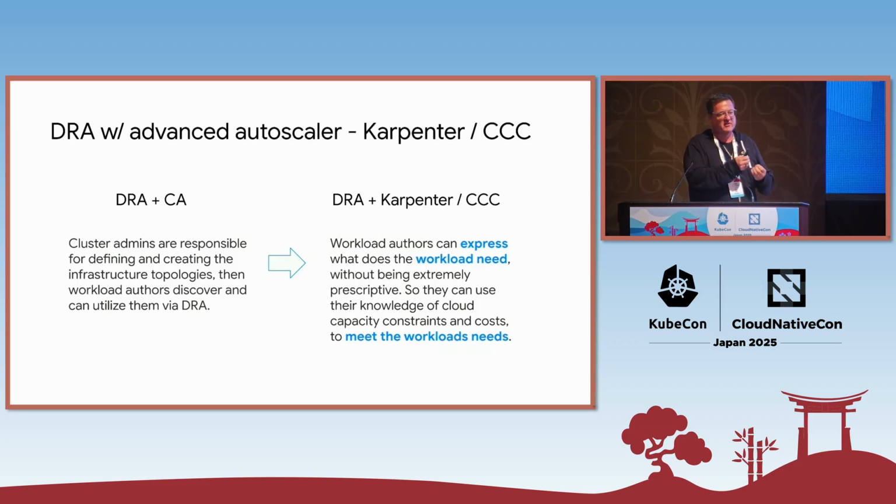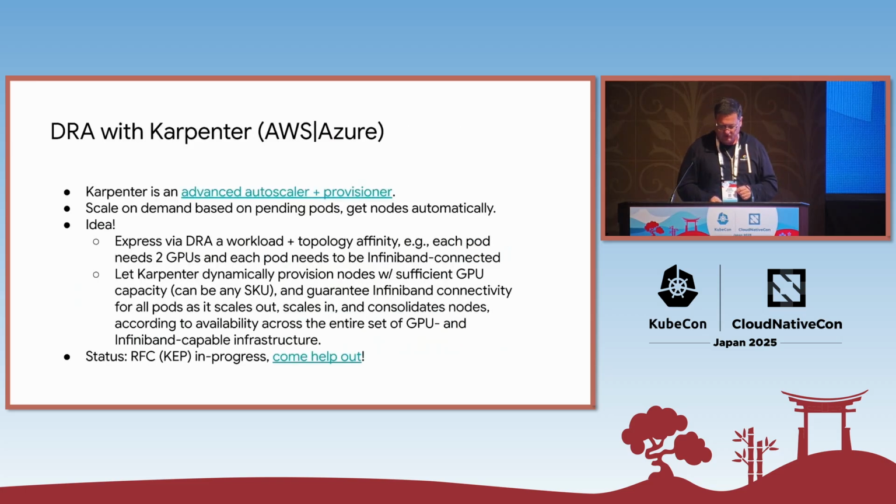DRA lets you be flexible in how the workload asks for the devices, and these custom autoscalers allow you flexibility in what kind of nodes the infrastructure delivers to you when it autoscales. So by combining these two things, they're sort of like two sides of a coin. One is the workload needs to flexibly ask for things, and the second is the autoscaler needs to flexibly provide different types of nodes. And we'll see a demo of that in just a second.